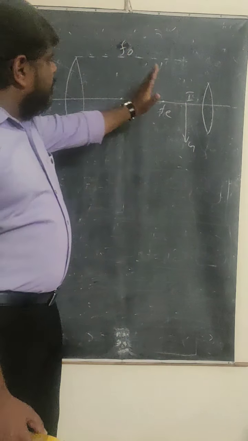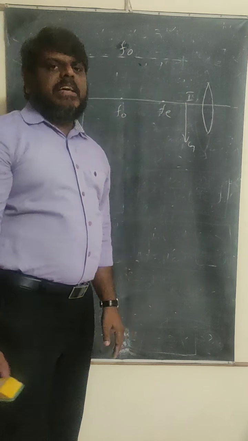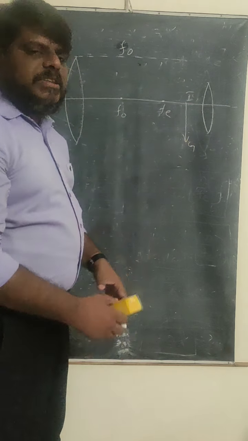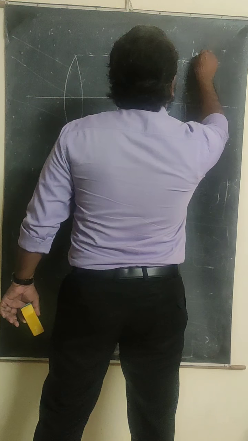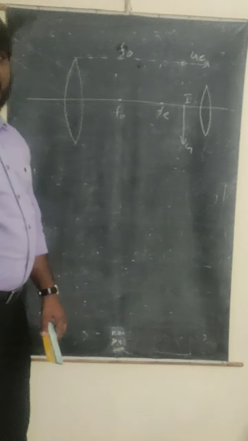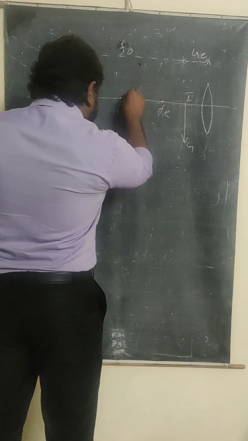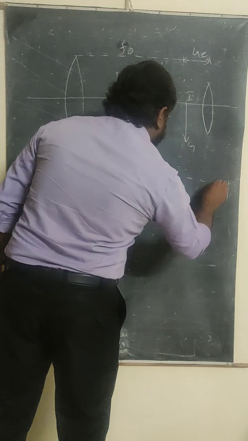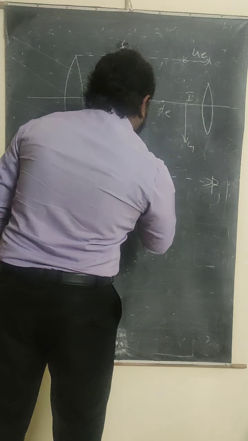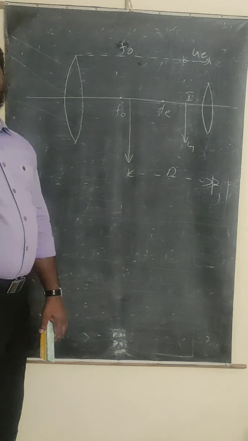Then definitely the image is going to be produced exactly at the distance of F naught. So this distance will be F naught, and this distance can be written as UE. And the final image is going to be produced here, and this image distance is written as capital D, the least distance of distinct vision.